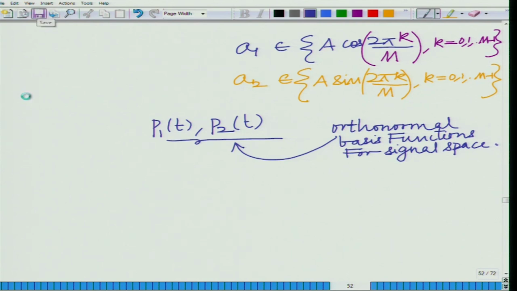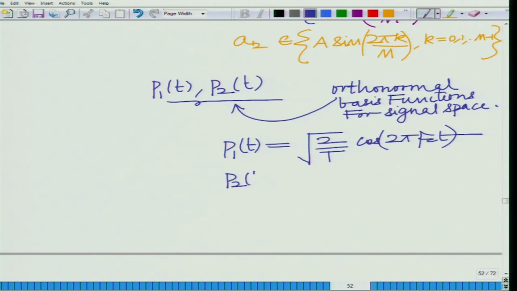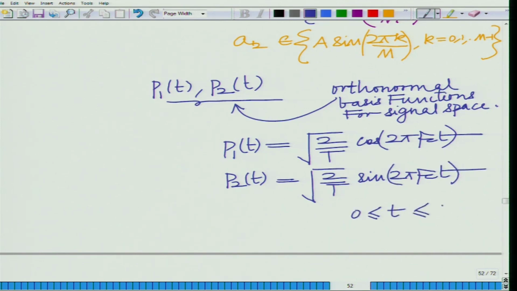For instance, P1t equals, again with unit norm, that is unit energy, square root of 2 over T cosine 2 pi FCT, and P2t is square root of 2 over T sine 2 pi FCT, where 0 less than or equal to t less than or equal to capital T, the symbol duration, and T equals k over Fc, so it contains an integer number of cycles. That is what we have seen before also.